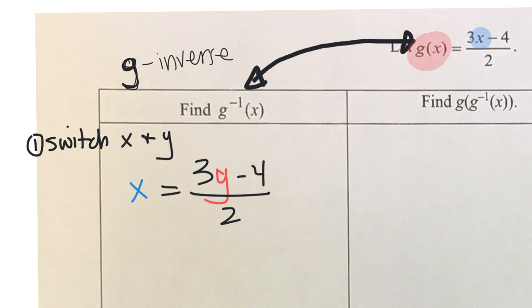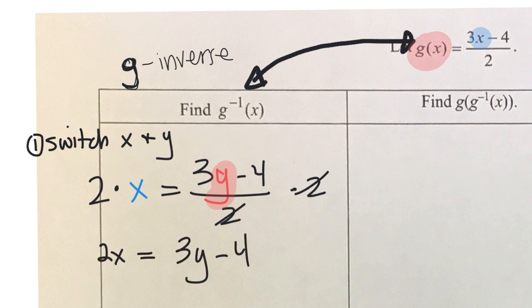So now our job is to once again solve this equation for y. Our first step in solving for y is to multiply by that denominator. We want to get rid of that denominator, so you multiply both sides by 2. That gives you a 2x on the left side, and we still have a 3y minus 4 on the right side.